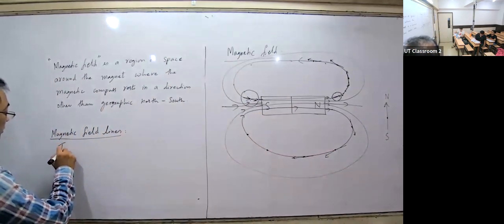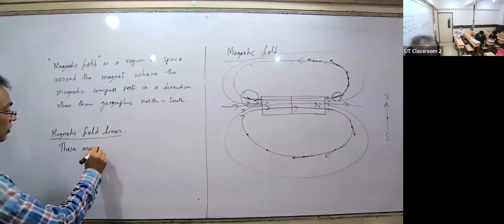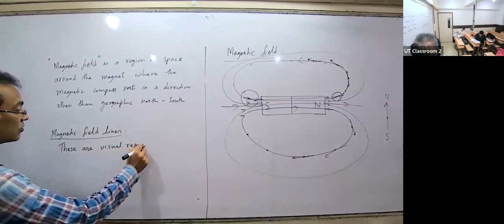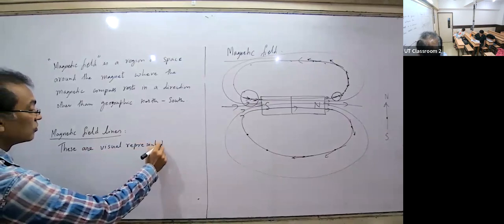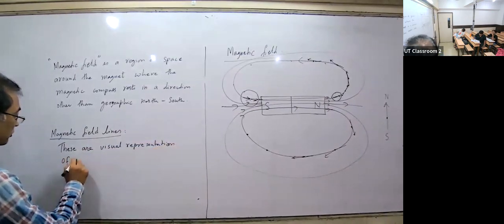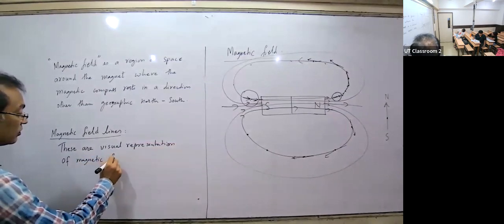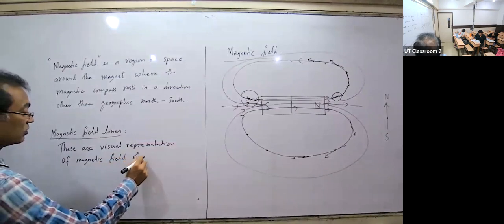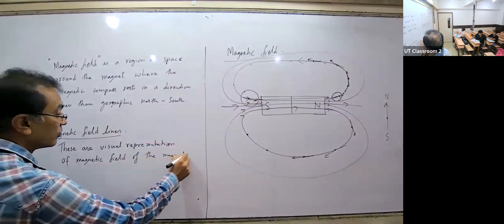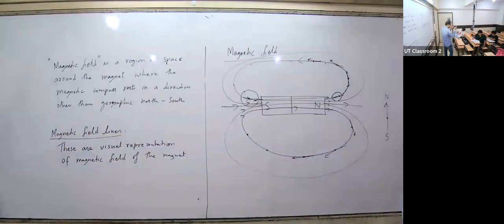These are visual representations of the magnetic field of a magnet. So it just gives us a visual representation.